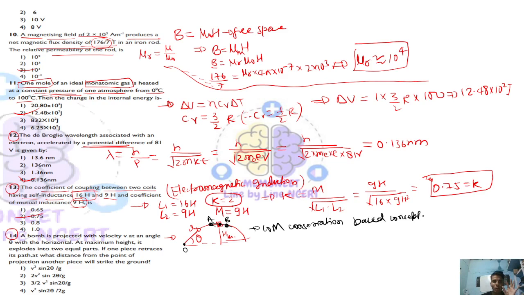Okay, you know that the center of mass will move in the same parabolic path as the initial body, or you can say the bomb. The center of mass will move in the same path.